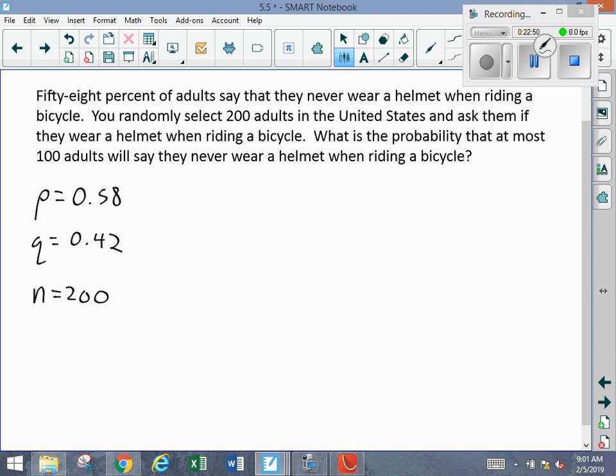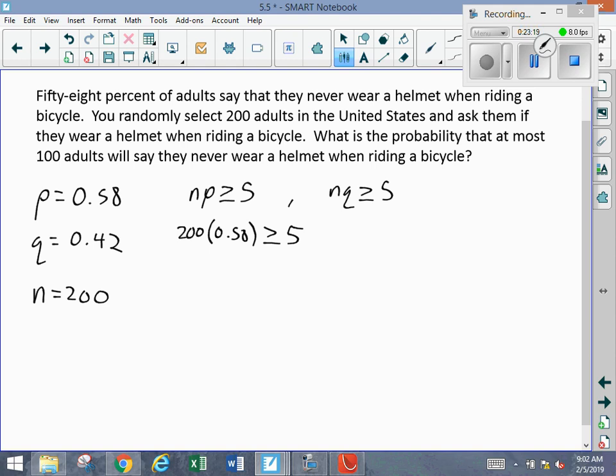So, first thing we need to do is decide, hey, can I use a normal distribution to calculate this probability? So, N, 200, times P, which is 0.58, is that greater than or equal to 5?